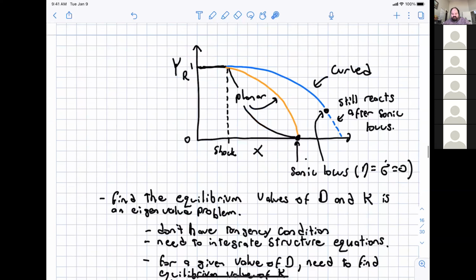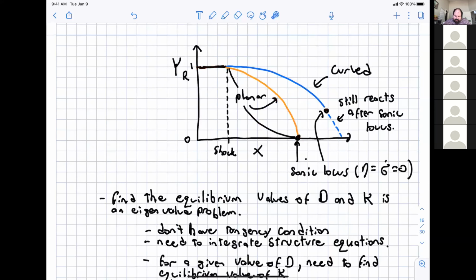I showed that here: for a CJ detonation, all of the reactants are consumed at the sonic plane, and for curved detonation, they are not. There is a lot of leftover material that can burn, and in general it does burn, but it doesn't contribute to the detonation. It probably contributes more to the fireball or the afterburning process.